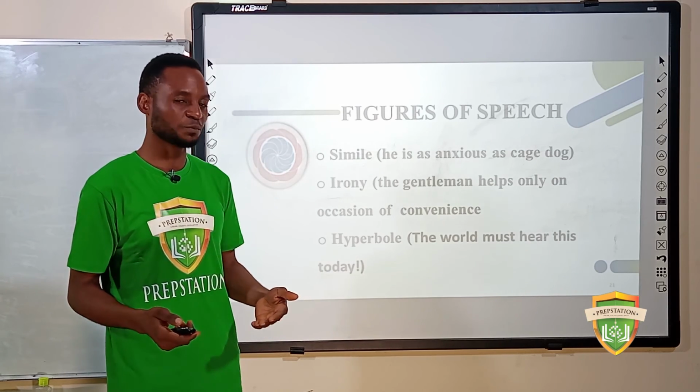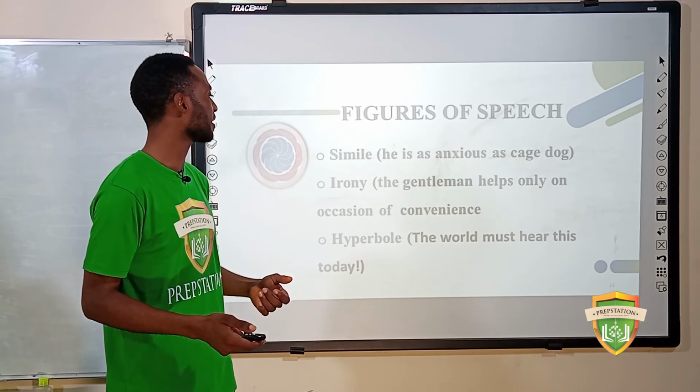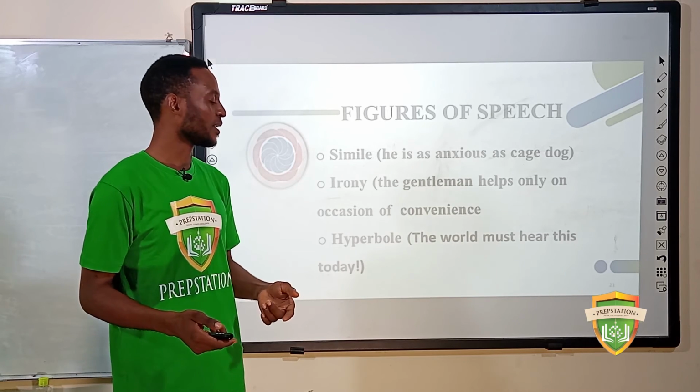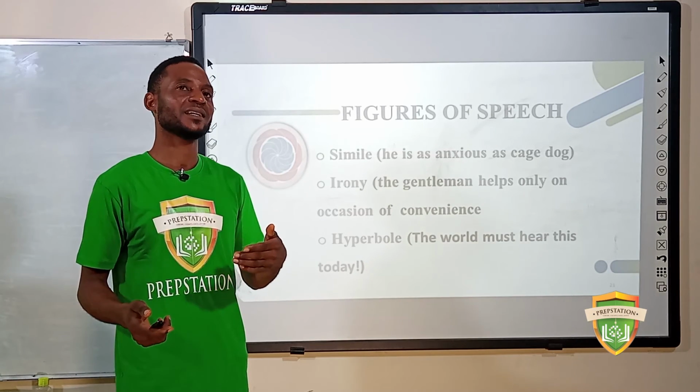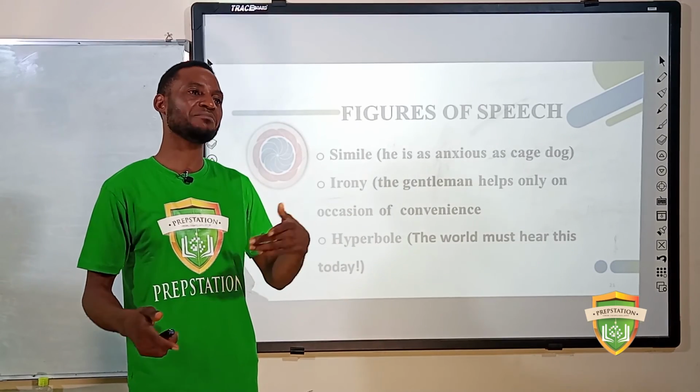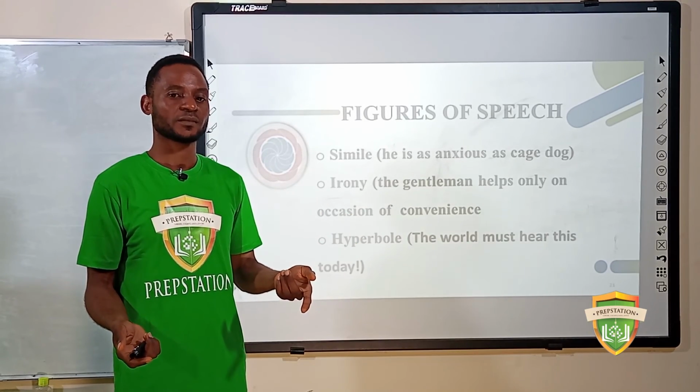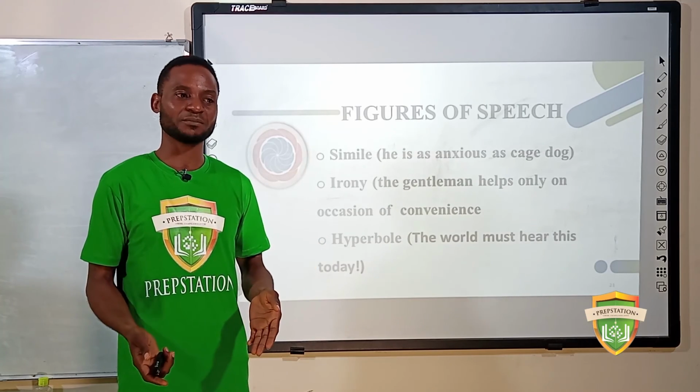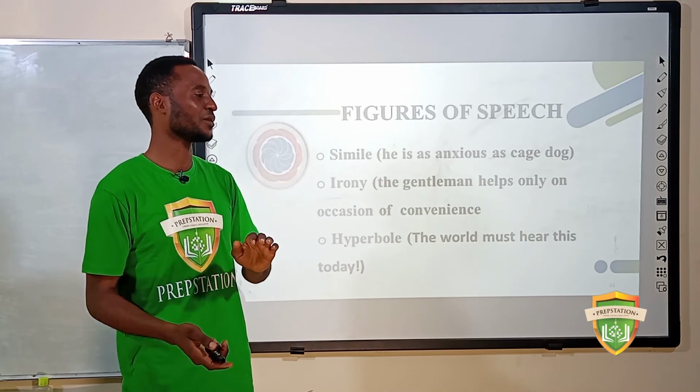Another figure of speech that I want us to look at is irony. Now, irony is a situation whereby someone says something and means another. Now, you have three types of irony, but I may not necessarily bother you with the three.